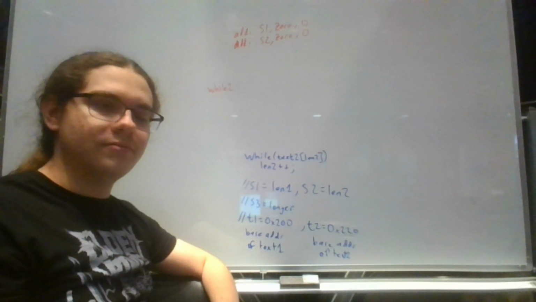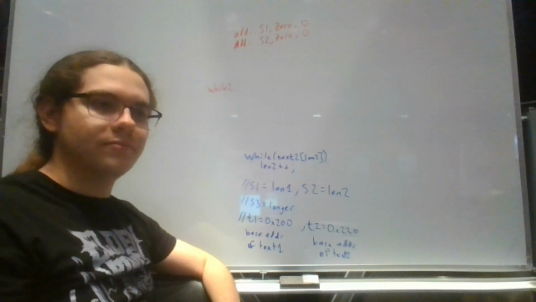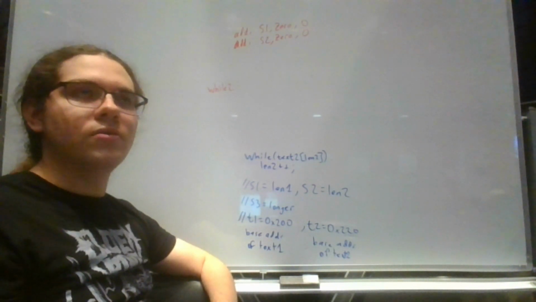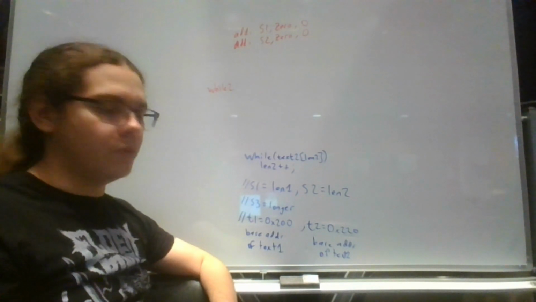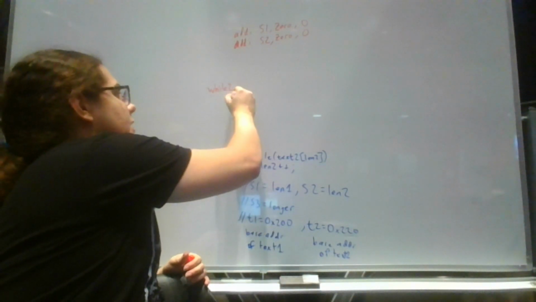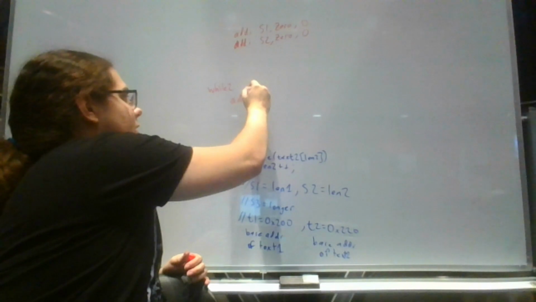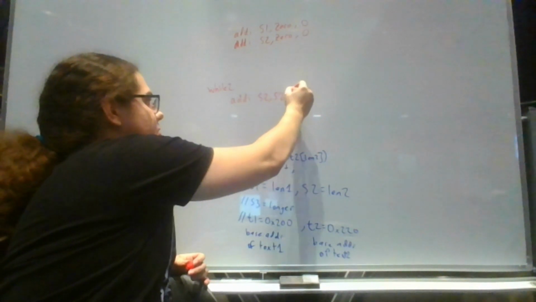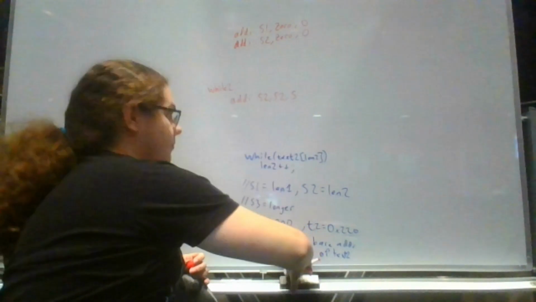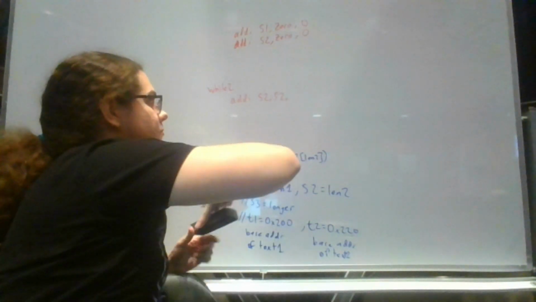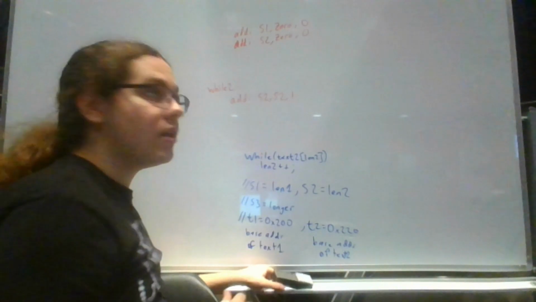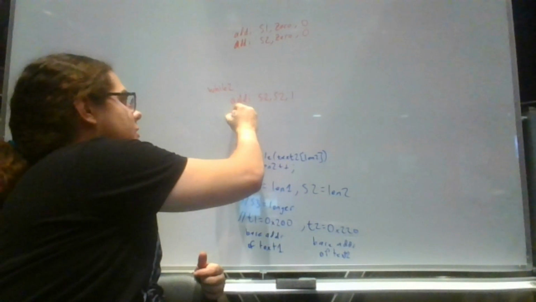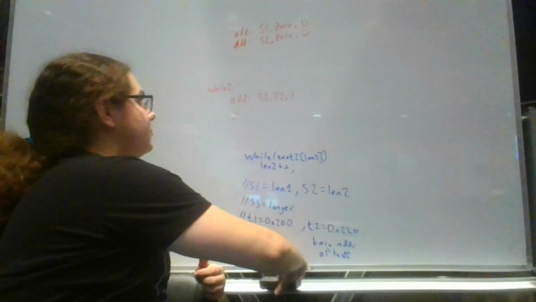Add immediate S2, S2, and then just one. Yep, that's right. So I would say add immediate S2, S2, 1. And then after I increment, I can just go back to the top of my while loop. So I can say jump while 2.